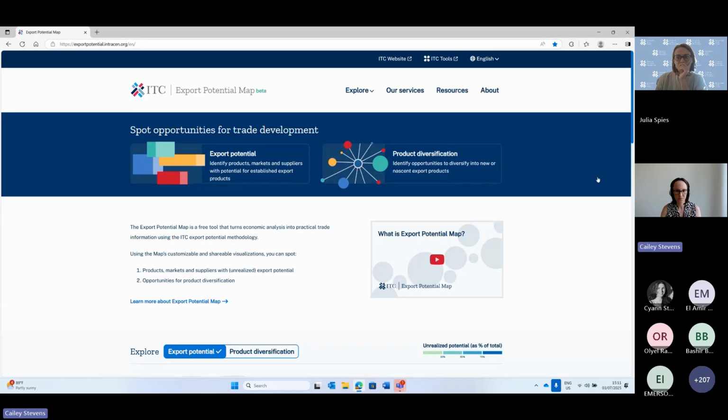So the website for Export Potential Map is the same. It's still exportpotential.intracen.org. If you Google Export Potential Map, it should be the first result that pops up in Google, so easy to find that way. And what you're seeing is the new redesigned Export Potential Map.